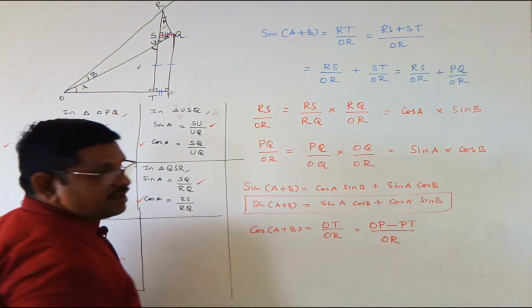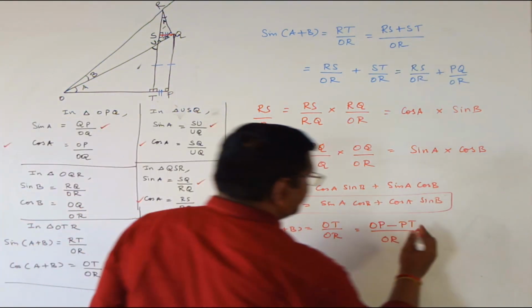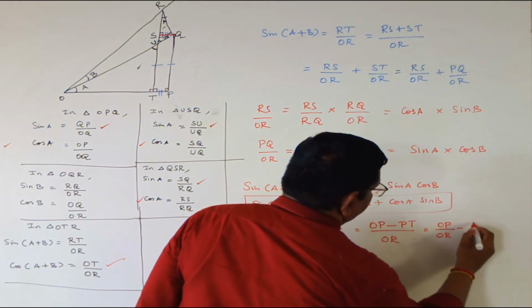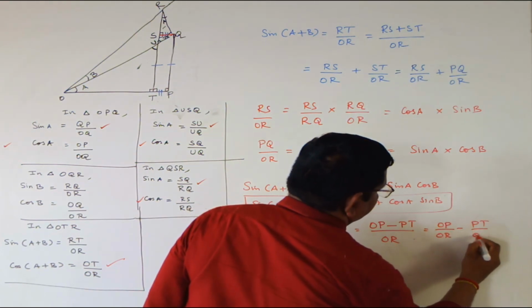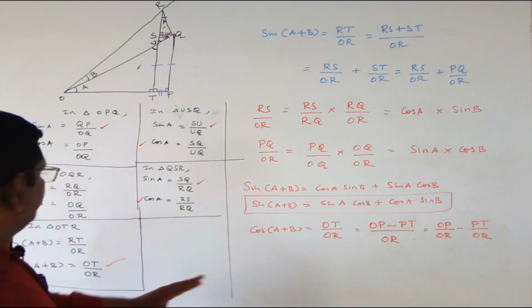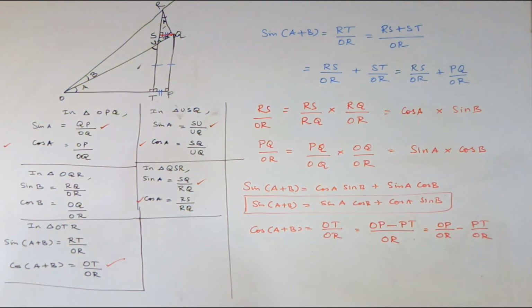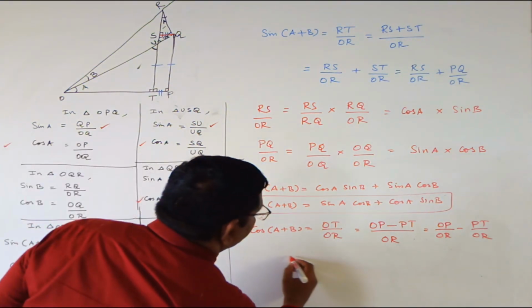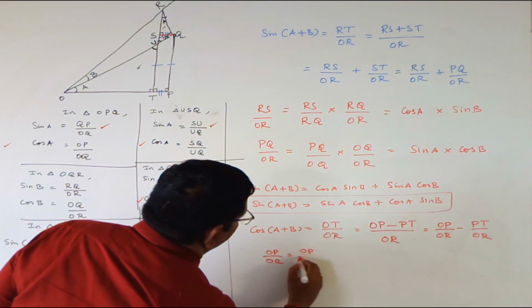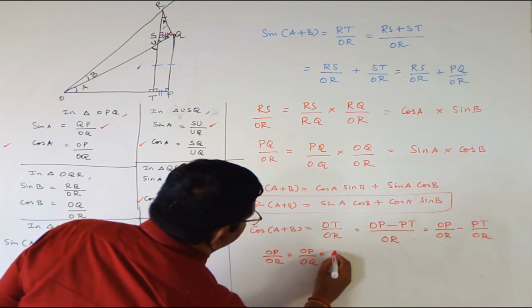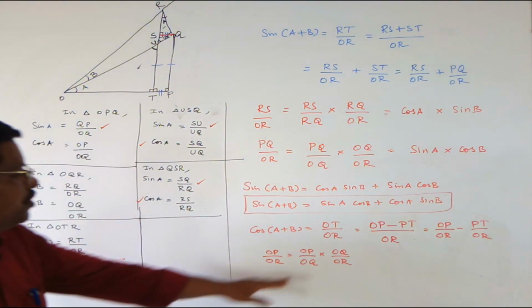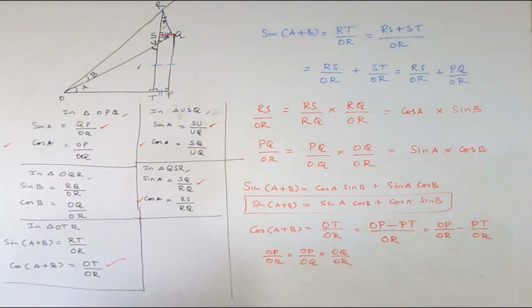Here there is no change at all in the denominator. So here we can write this as OP by OR minus PT by OR. Now, same as the previous one, here also we can write this OP by OR as OP by OQ into OQ by OR, so that OQ will be cancelled and you get OP by OR.